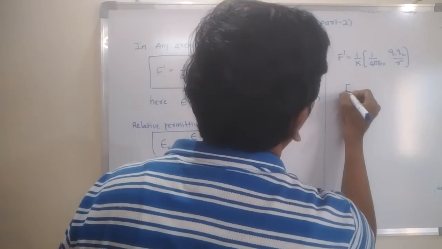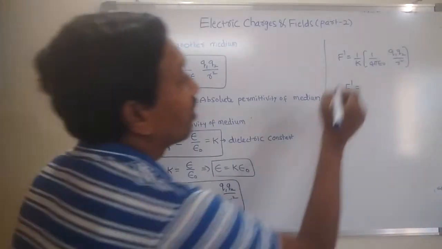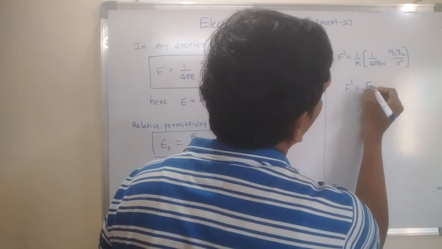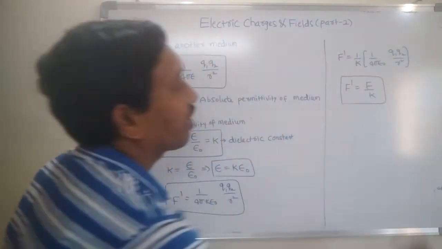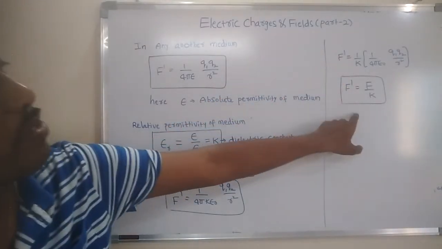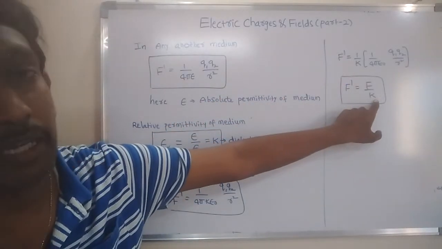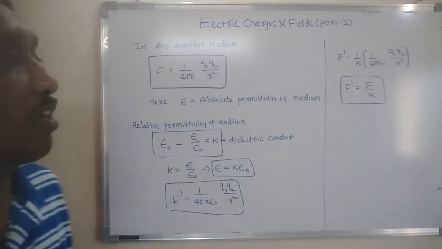From this formula, this is similar to electric force in free space, that is F. That means F into 1 by K is F by K. Finally, F dash is equal to F by K is the formula. That means in any other medium, electric force decreases K times, because they are inversely proportional to the dielectric constant.